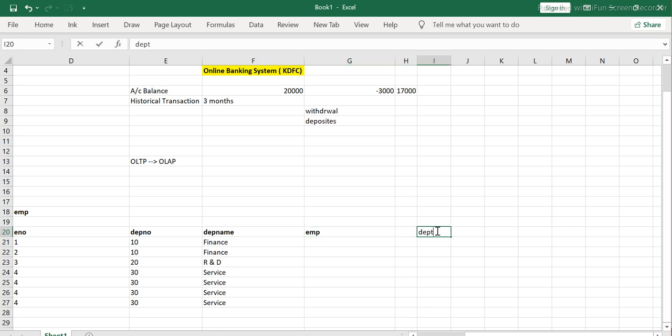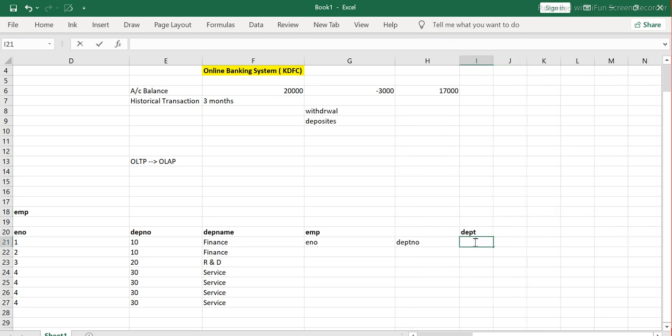In the employee table, I will keep the employee number and department number. And in the department table, the department number and department name.